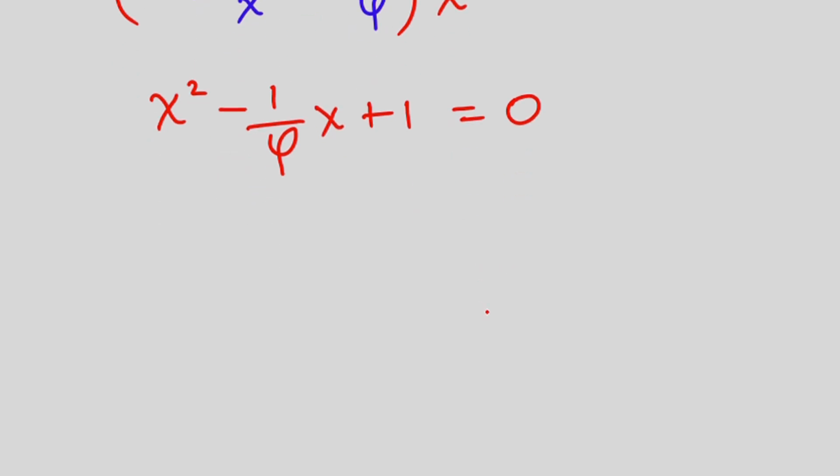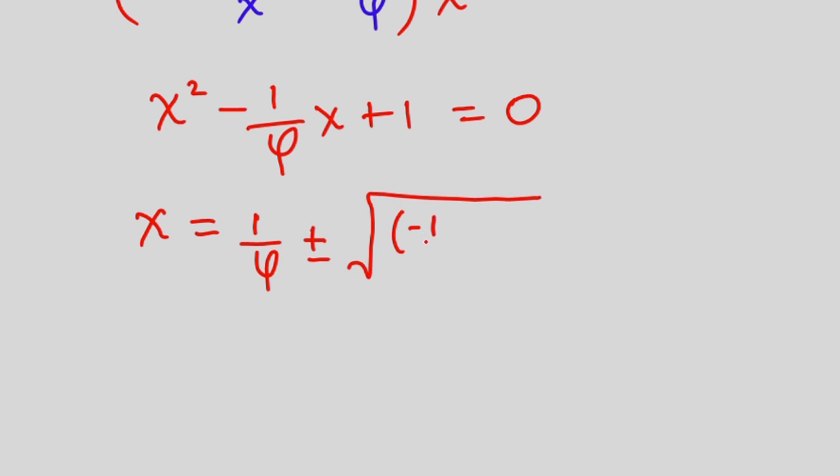So from here, we just have to use the quadratic formula, which is x is equal to minus b, but this time b is negative already. So we're going to have positive 1 over the golden ratio, then plus or minus square root of negative 1 over the golden ratio squared minus 4 times a, where a is 1, times c, where c is also 1. So this is what we're going to have.